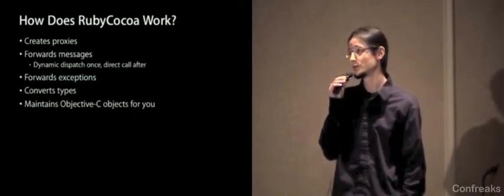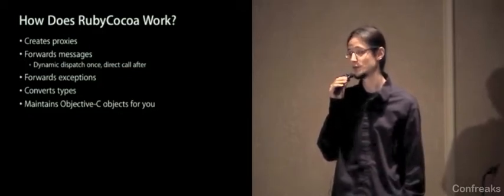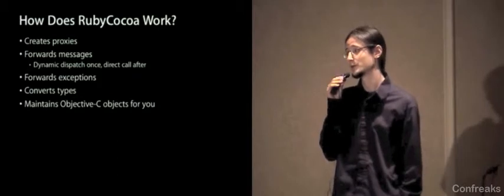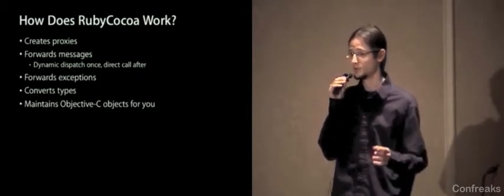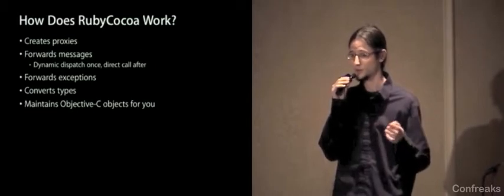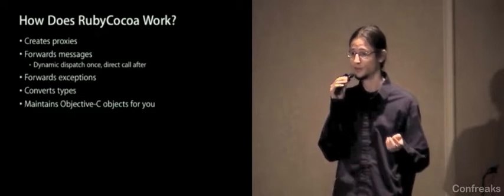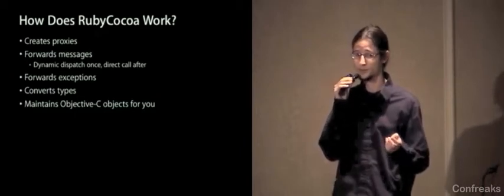And the last point is that RubyCocoa maintains Objective-C objects for you. What does that mean? It means that Cocoa can be used in two modes. There is the old mode, which uses a retain count mechanism. Every time you create an object, you have to release it. And it's a bit painful, because in Ruby we have a garbage collector, so that's great.